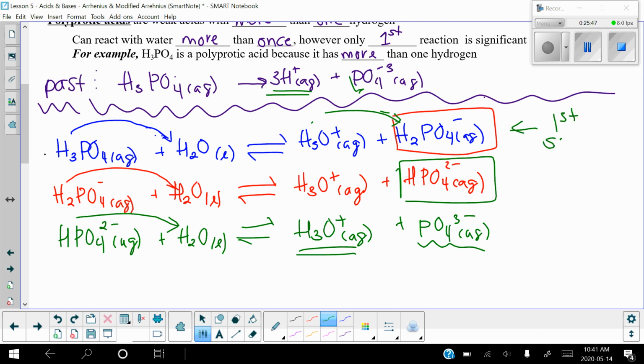It is the most significant reaction. It determines whether you have a strong acid or a weak acid, because it produces the most hydronium concentration. The other reactions produce significantly less. And this will make more sense, and we'll go into more detail about this in Chem 30.